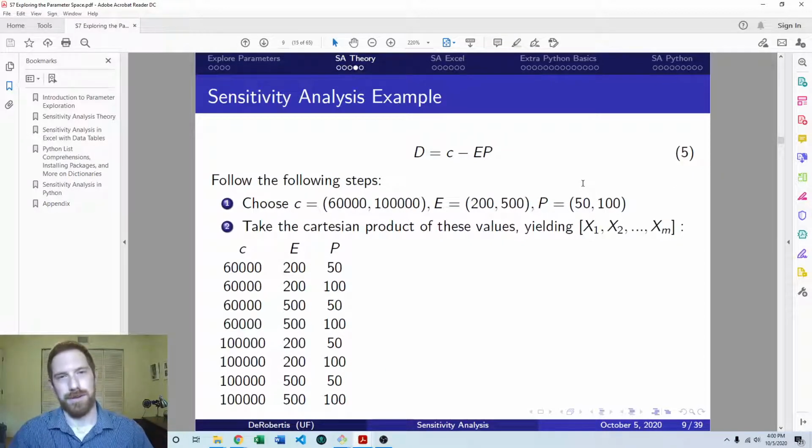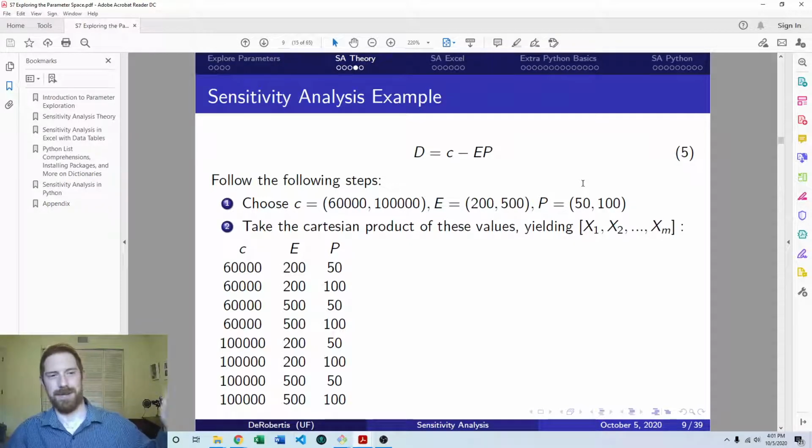Let's go through those 5 steps now, or at least the first 4. The first step is to choose values of each of these inputs that we want to look at, whatever is the range of reasonable values for the inputs. You typically want to go for the full range of reasonable values.